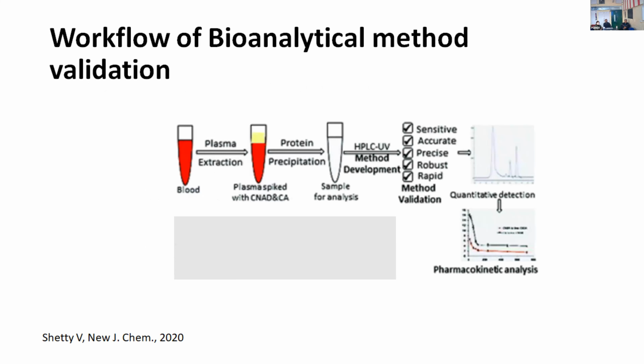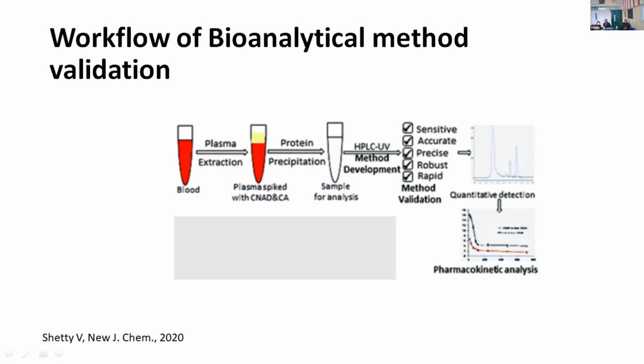So let's understand the workflow. Let's assume that we want to analyze our drug in blood. It could be analyzed through blood or through plasma. First we will do the extraction procedure, precipitate the protein, and develop the method. This method has been covered by Dr. Avaneesh, and he has explained what needs to be considered while developing an HPLC method.